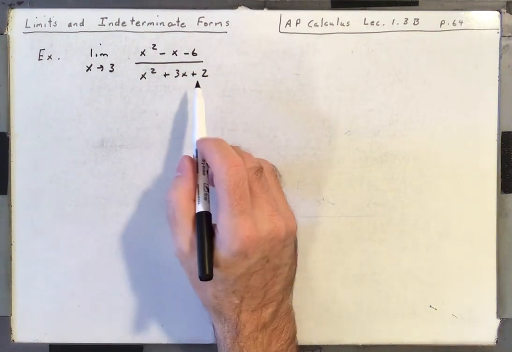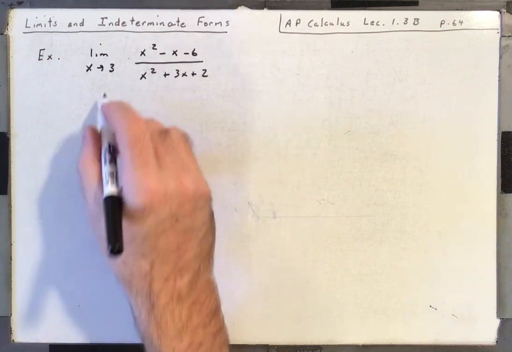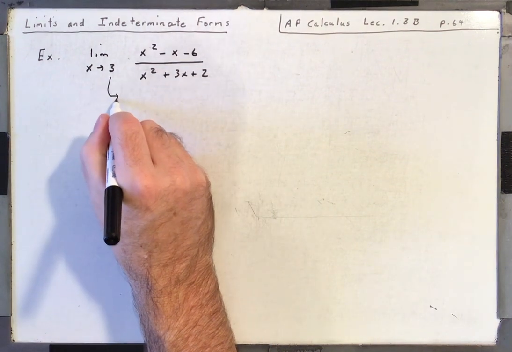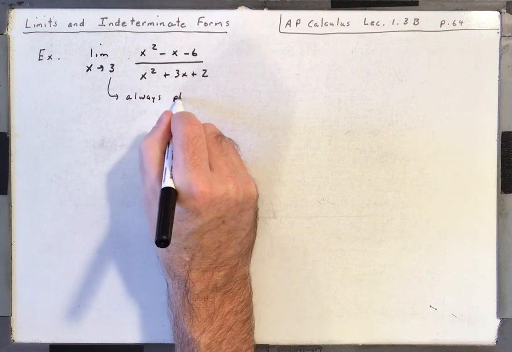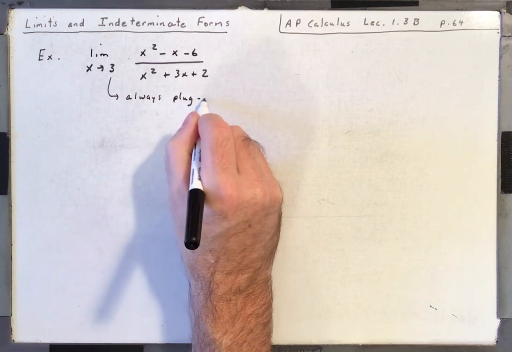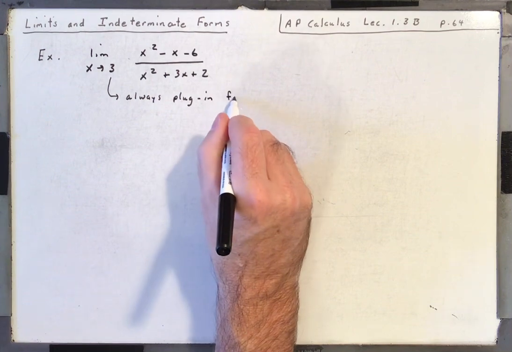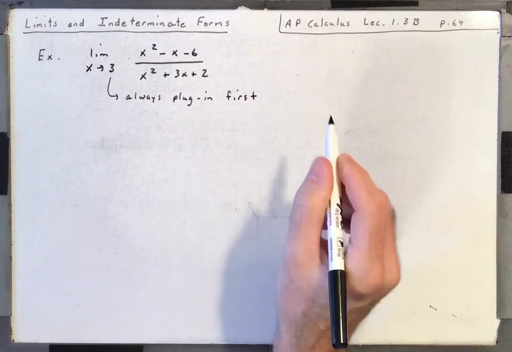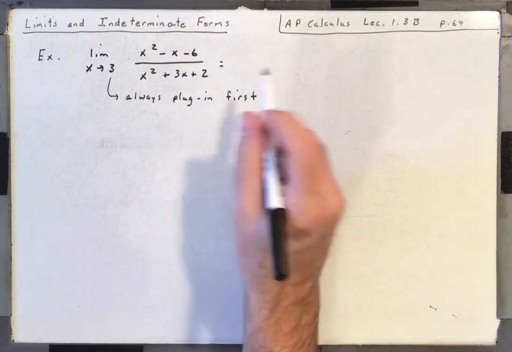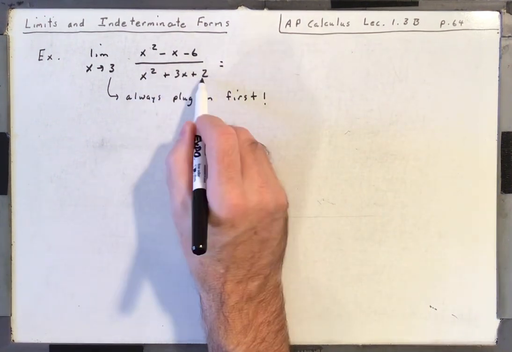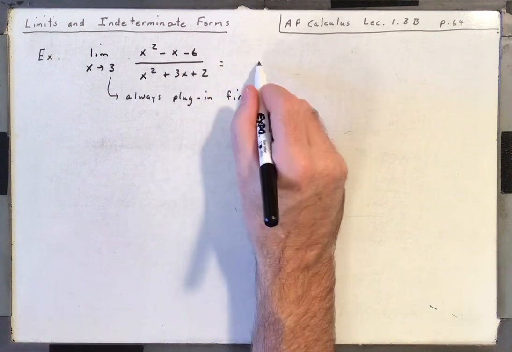Now, I hope you can kind of see, the first thing you always want to do is plug in, because it might not be 0 over 0. And if it's not 0 over 0, then we have an answer. The bottom's not going to be 0. It's all plus.